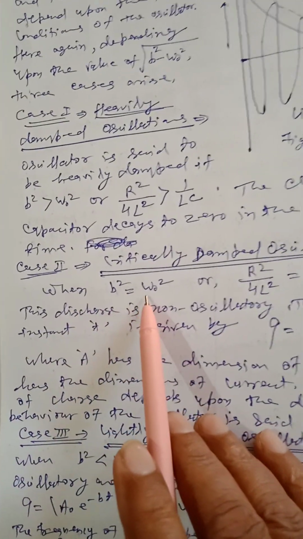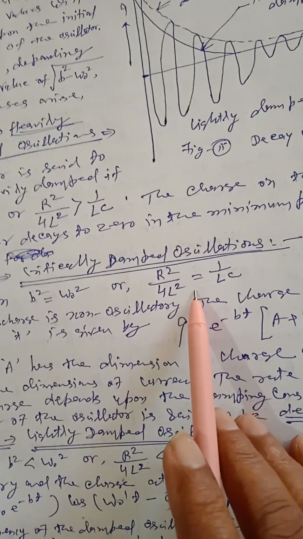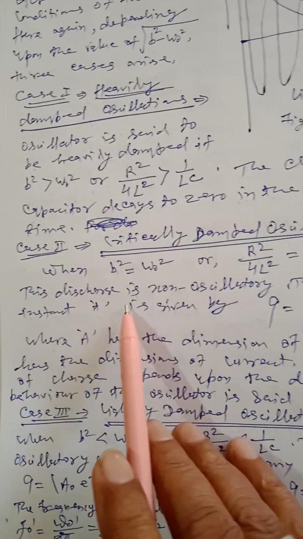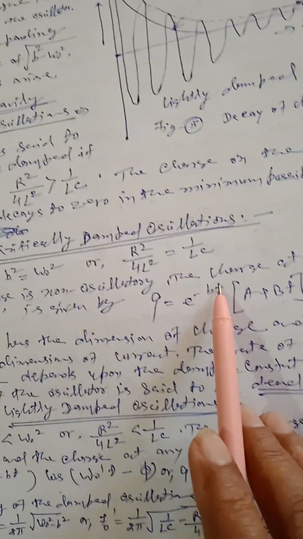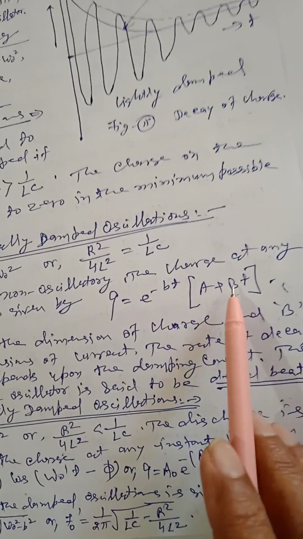When b square is equal to omega naught square, or R square by 4L square is equal to 1 by LC, this discharge is non-oscillatory. The charge at any instant t is given by q is equal to e to the power minus bt into a plus bt.